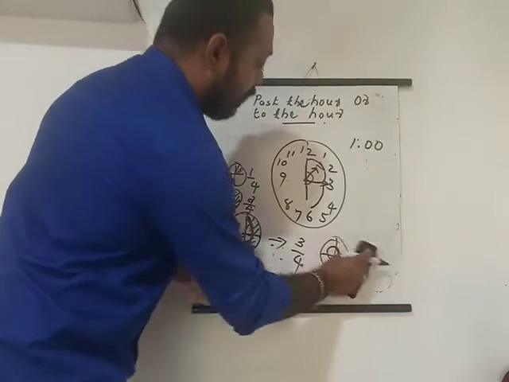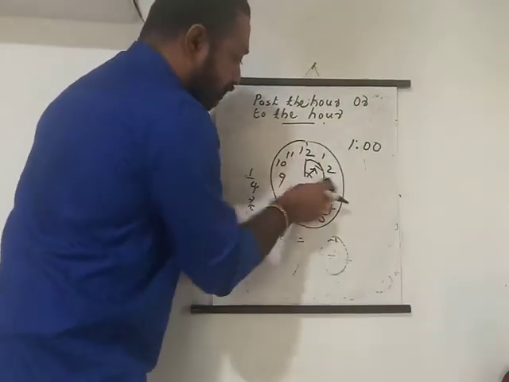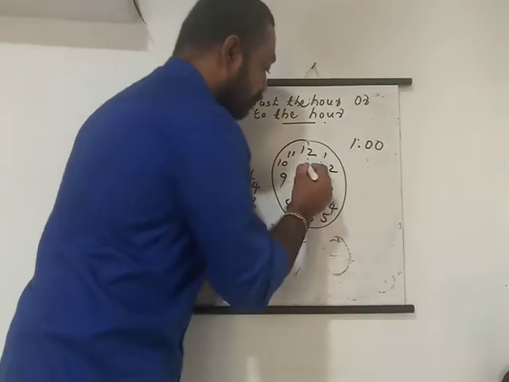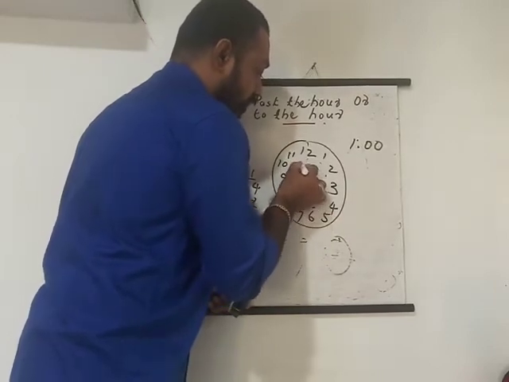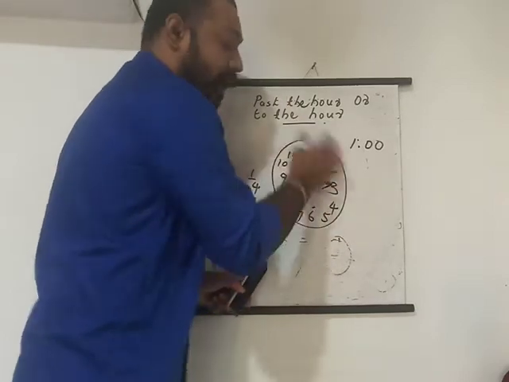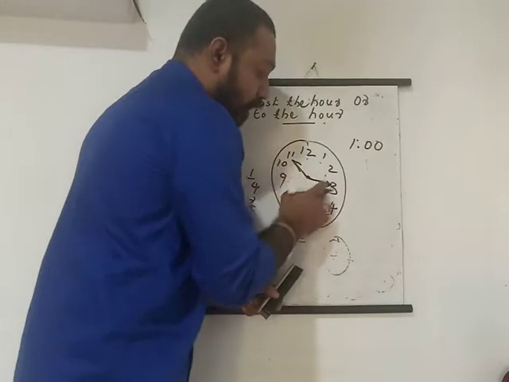If we know that idea, we can see where the quarter of this clock is. If the hour hand is on 11 and the minute hand reaches 3, we can see that it is quarter past 11.